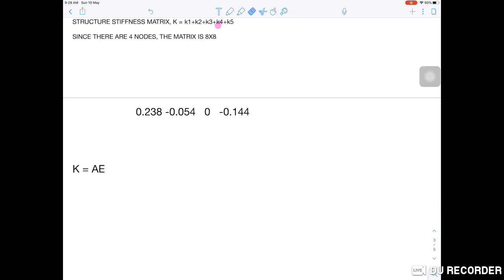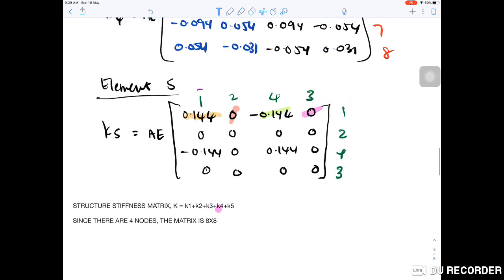Later I put the bracket. Next one, 1 5. Let's find where is 1 5.